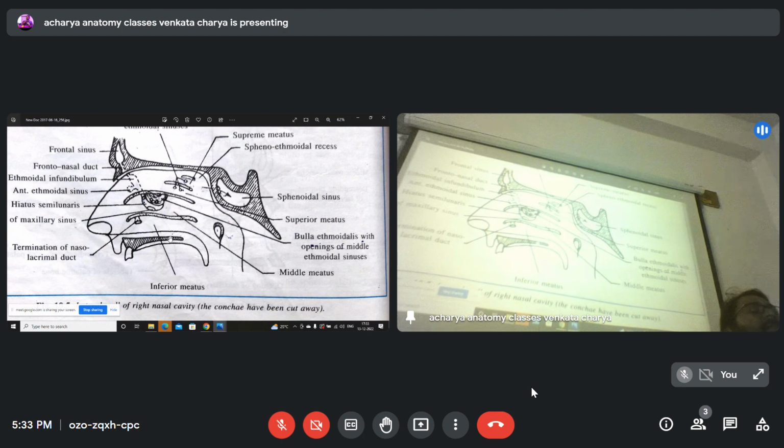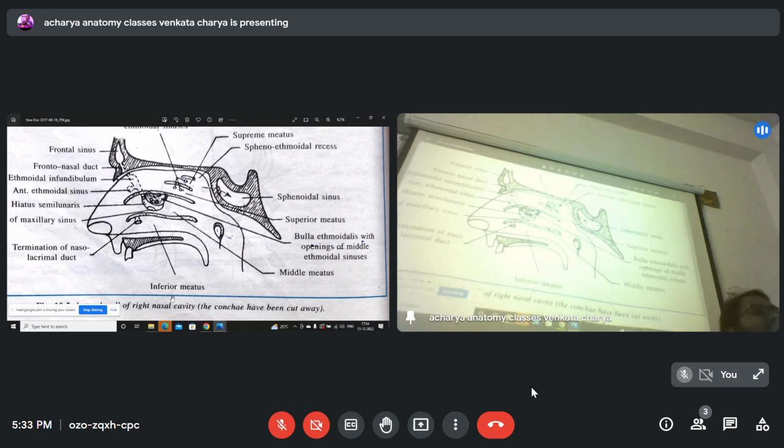Next, beneath the bulla ethmoidalis there is a groove. We call that groove the semilunar sulcus. Semilunar means sickle shaped.